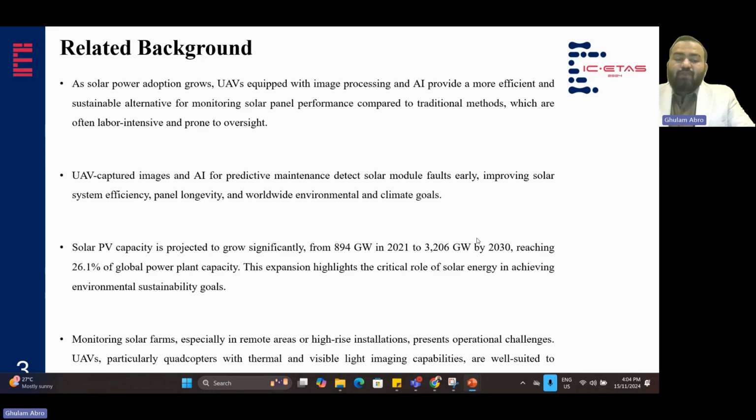Solar panel capacity is projected to grow significantly. It went from around 900 gigawatt in 2021, and it will be 3,206 by 2030. So this shows how much we need to focus on maintenance and predictive maintenance for these kinds of solar projects.